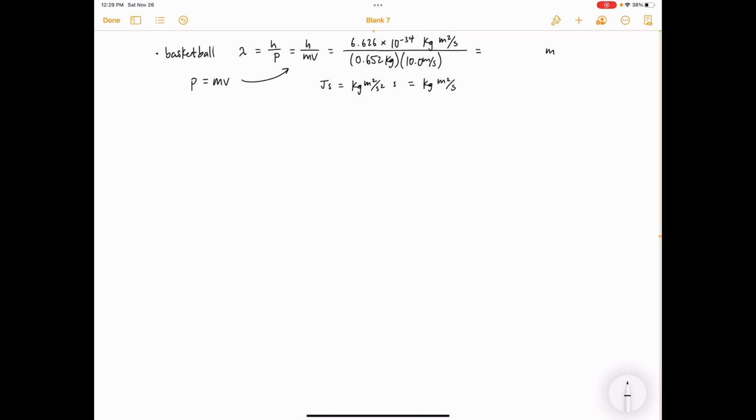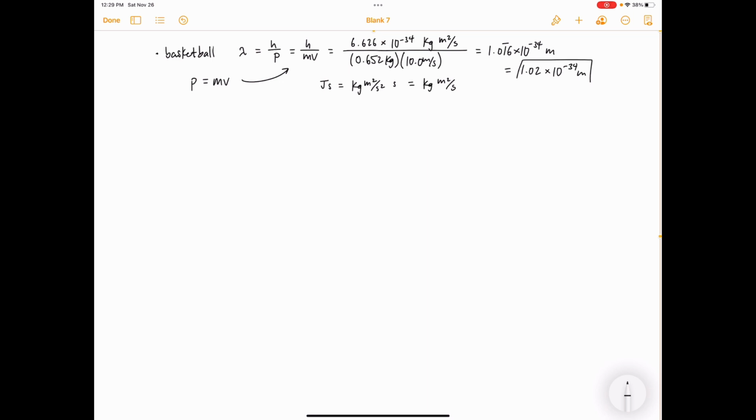So that's what we expect. We're talking about a wavelength here. And if you do the calculation, you'll get 1.016 times 10 to the minus 34 meters. We can round that to about 1.02 times 10 to the minus 34 meters.